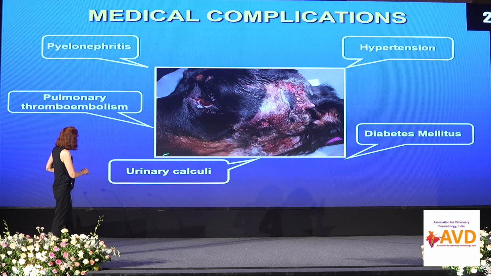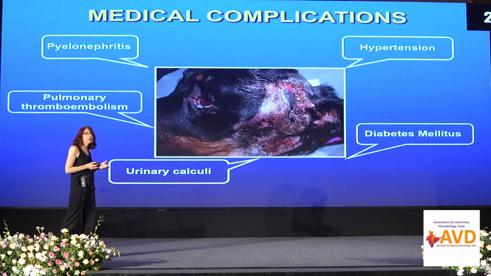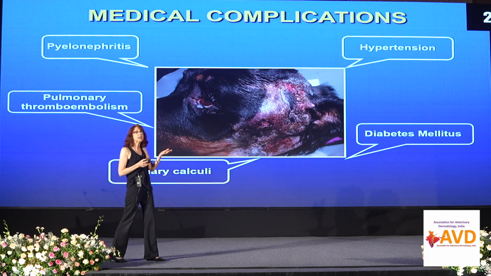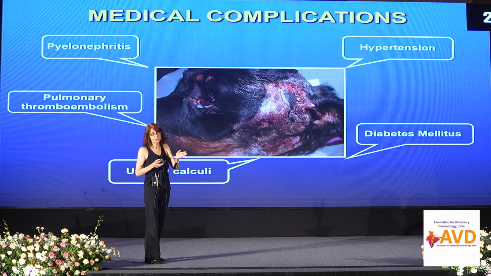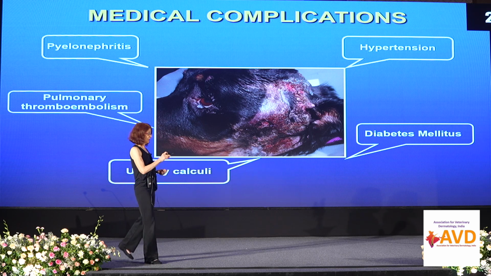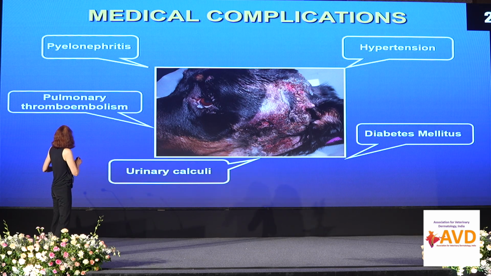Urinary calculi, so they are at higher risk to develop calcium oxalate or calcium phosphate calculi, okay? Uroliths. Pulmonary thromboembolism.